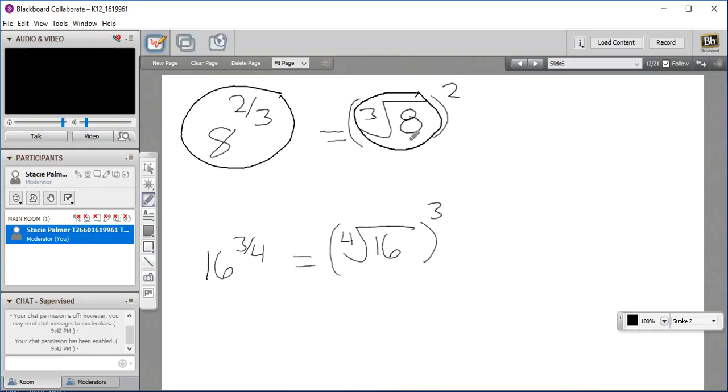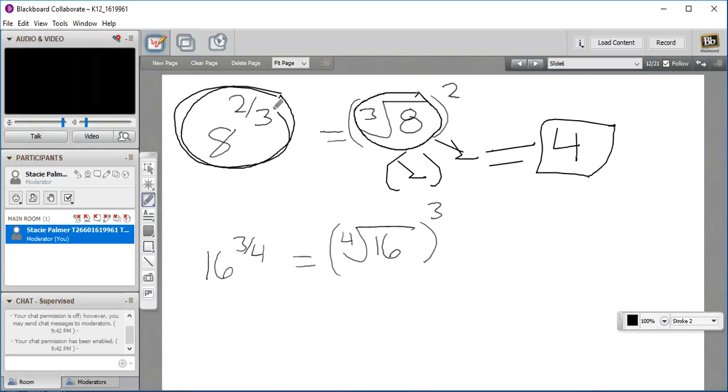So what do we multiply by itself 3 times to get to 8? And that would be 2. And then 2 squared equals 4. Okay, so 8 to the 2/3 power equals 4.